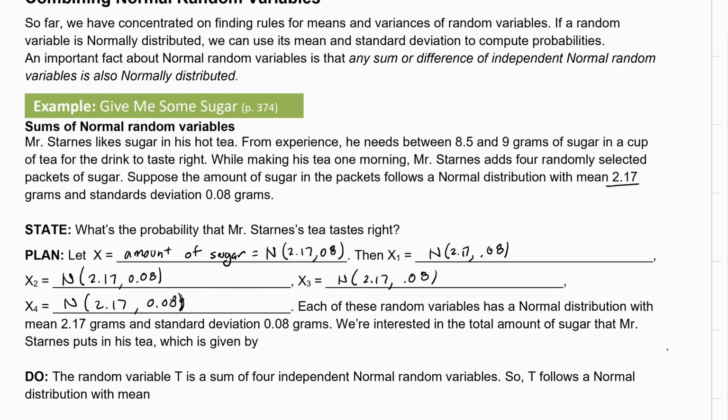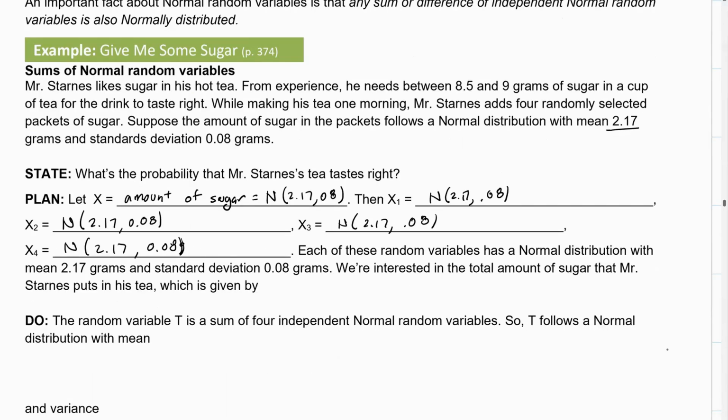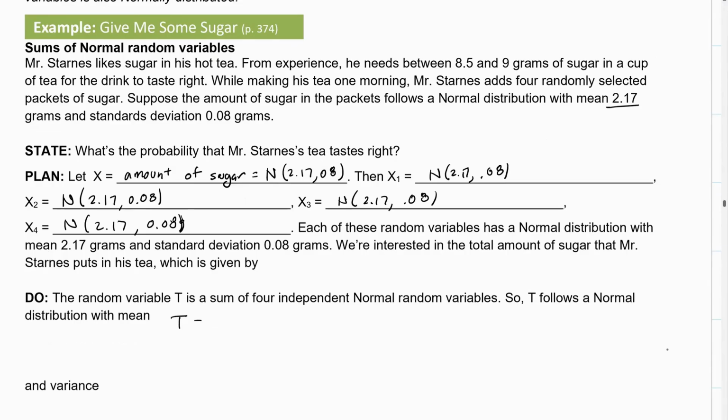So our question is, well, what does the sum of 4 of those packets look like? In other words, what does T, x1 plus x2 plus x3 plus x4, look like? Well, first of all, we know that it'll be normal because all these packets are coming from normal distributions.